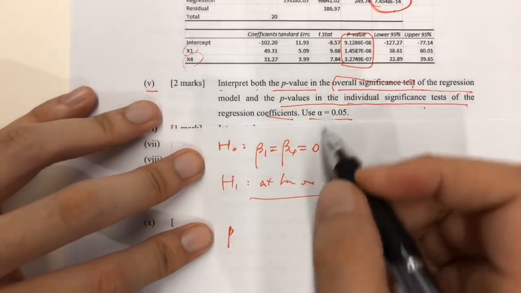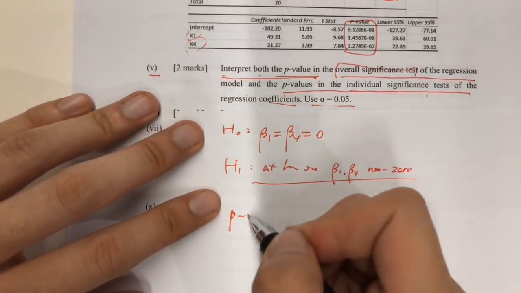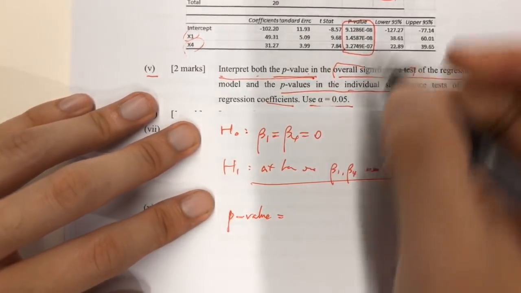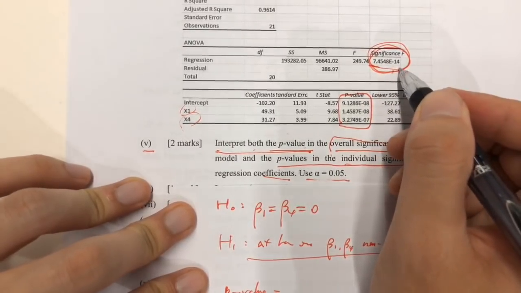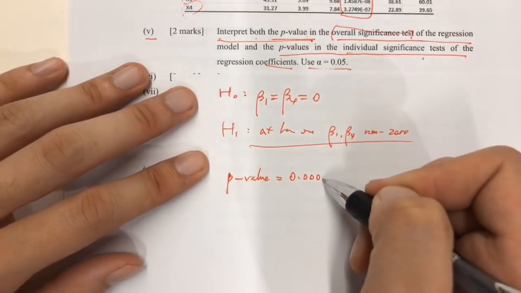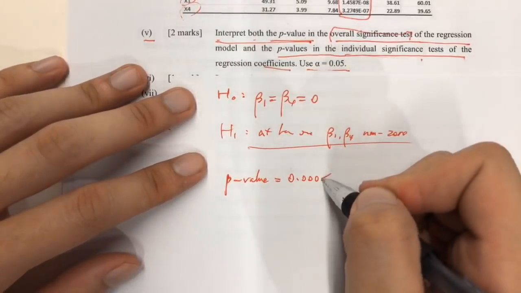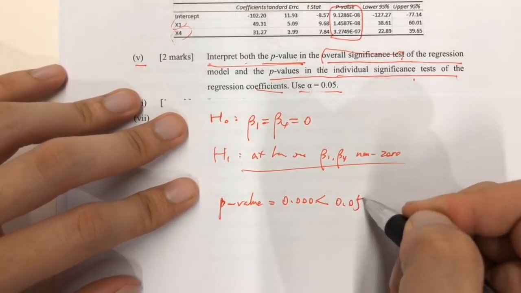And the p-value, so we only need to interpret the p-value. So the p-value here is equal to what? Let's see, 0.0000. It's very small, 0.000, which is definitely less than alpha, which is 0.05.